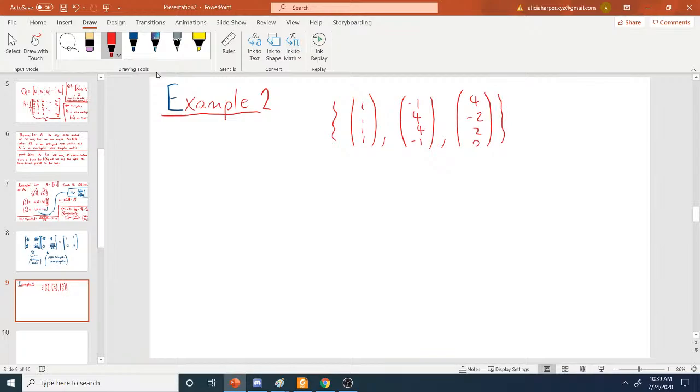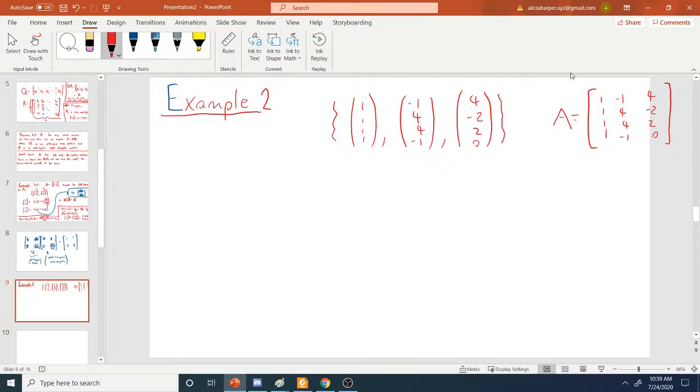And I ran through the Gram-Schmidt process for this, but now I'm going to consider it as basically running through the QR decomposition process for the matrix 1, 1, 1, -1, 4, 4, -1, and 4, -2, 2. So if you want to remind yourself how this went, you can consult the preceding video. I'm just going to write down the answers I got.